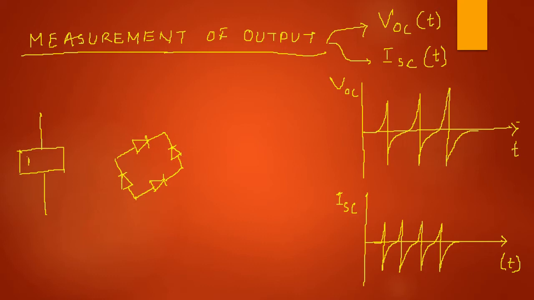This is the device under measurement, called the device under test, DUT, or material under test. So this is the output which will go here.